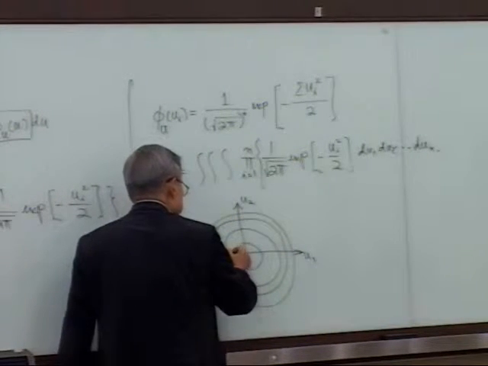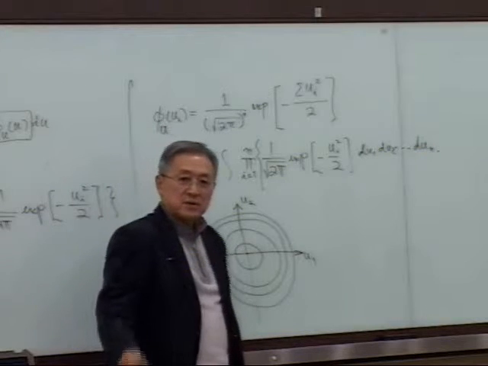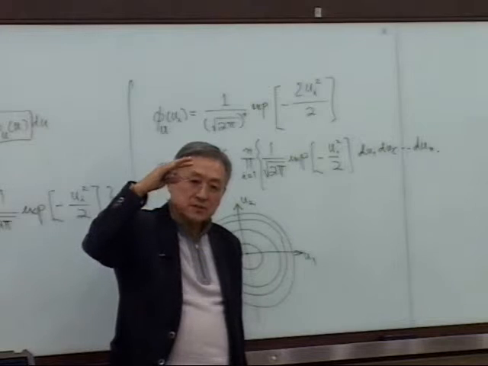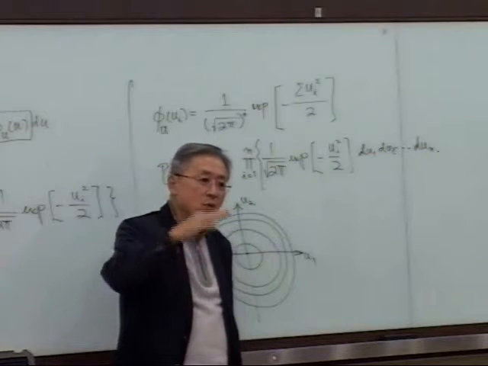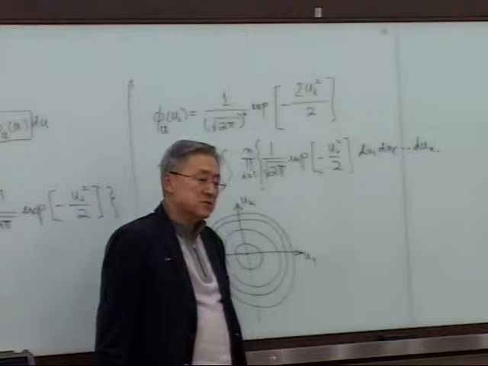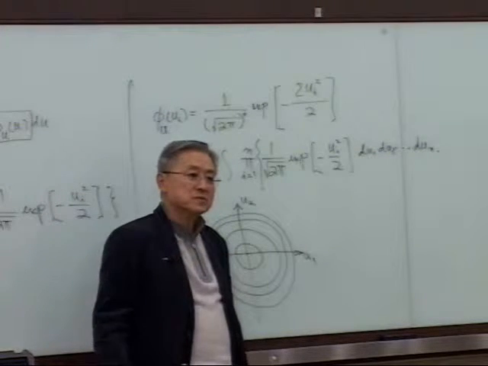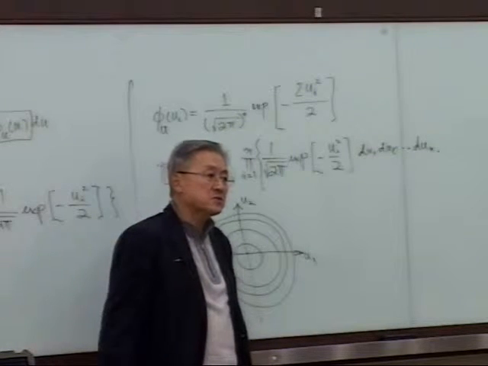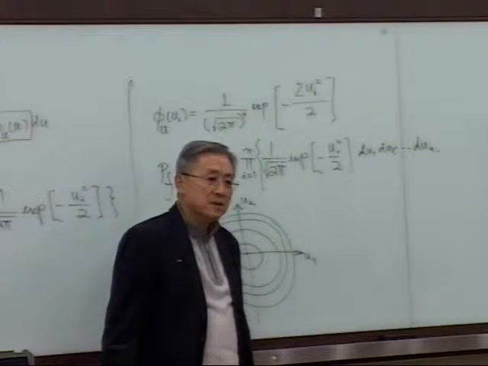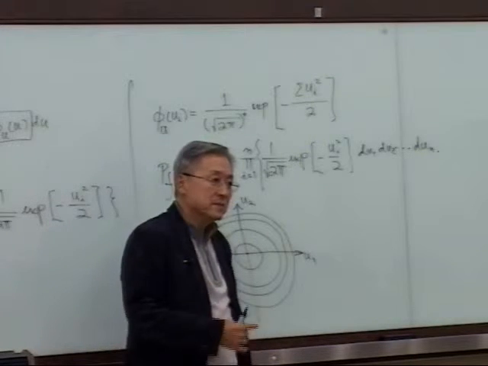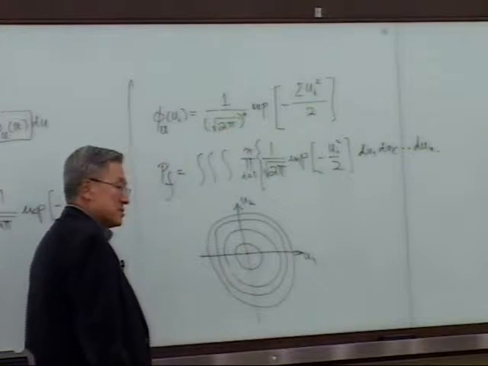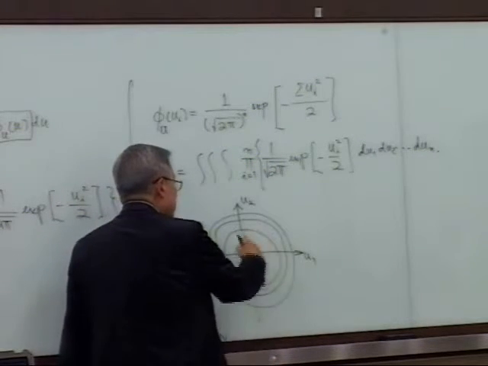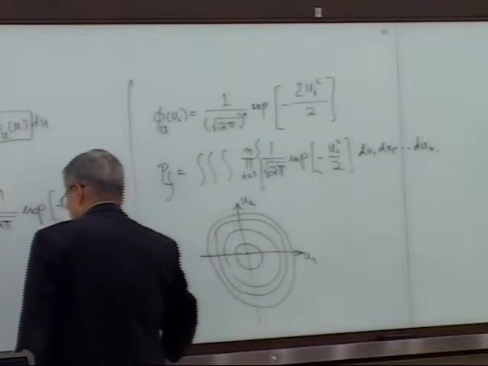The probability density function for each random variable in the U space is a standard normal density function whose mean is equal to 0, and standard deviation is equal to 1, right? That's the beauty of the standard normal distribution.